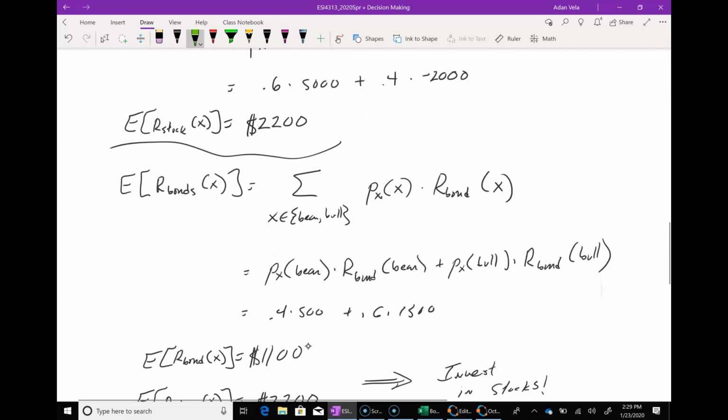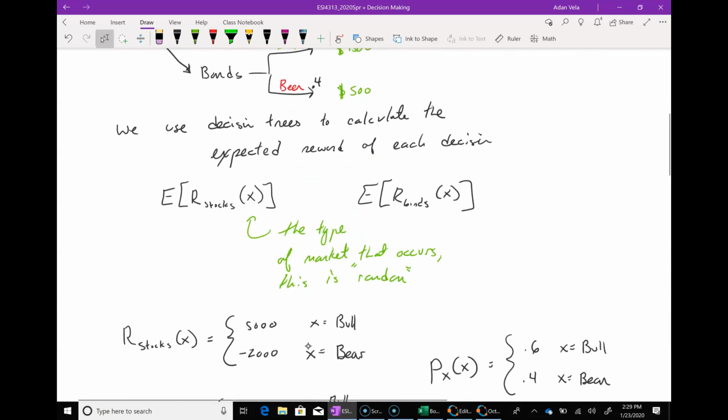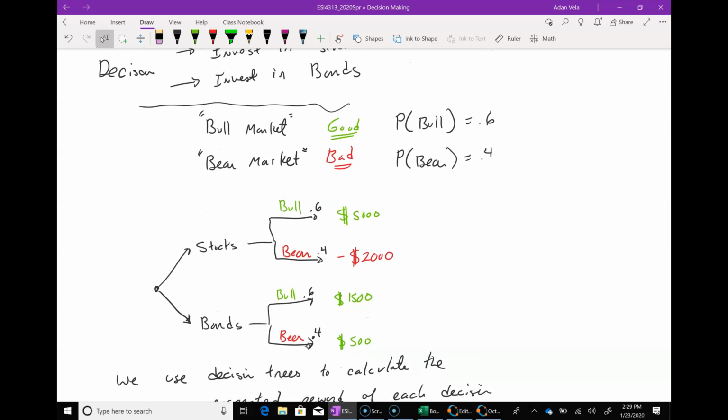Because if you look at what these equations are doing, they're just multiplying the reward times the probability of that reward happening, 1,500 times 0.6, 500 times 0.4, and then adding it up. And so this is sort of a general principle.